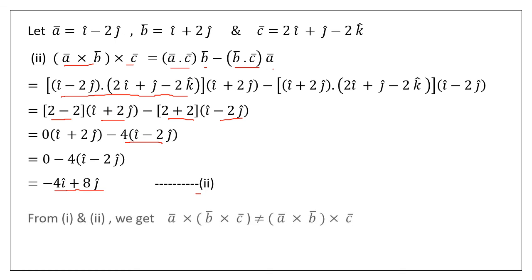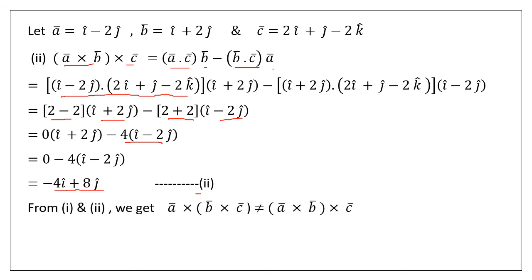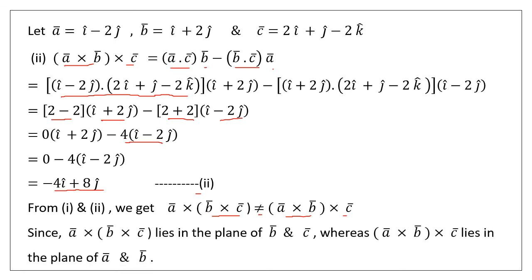So from 1 and 2, we get student, A bar cross (B bar cross C bar) is not equal to (A bar cross B bar) cross C bar. Since, student, by the definition, A bar cross (B bar cross C bar) lies in the plane of B bar and C bar.